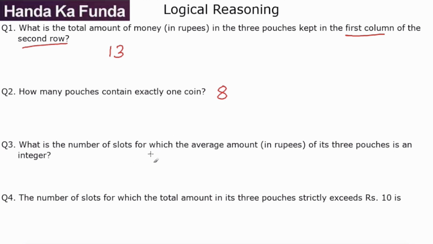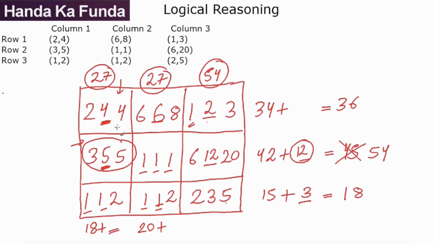What is the number of slots for which the average amount in rupees of its 3 pouches is an integer? So basically now we are looking for any cell which has the sum as a multiple of 3. So let's check that. 244 is 10, 668 is 20, 123 is 6. So 6 is a multiple of 3, so this is 1. 355 is 13, 111 is 3, so this is another one.